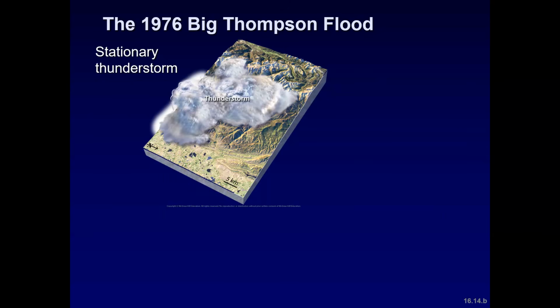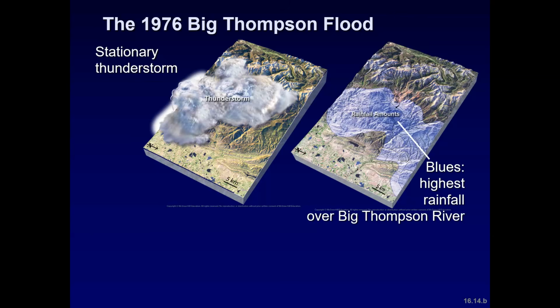We'll also look at this one, the 1976 Big Thompson flood. So you had here a stationary thunderstorm. That's where cold winds pushed moist air upslope, forming that thunderstorm.